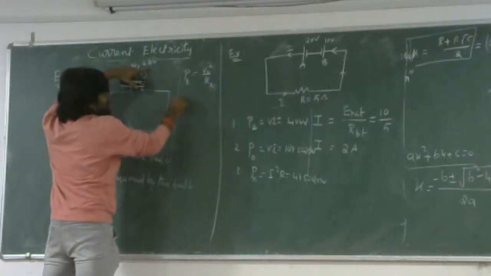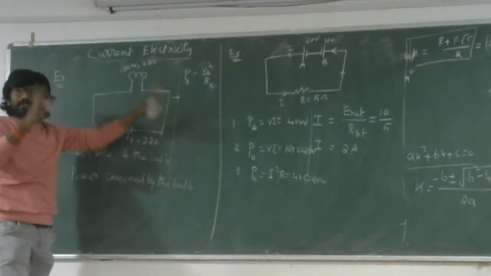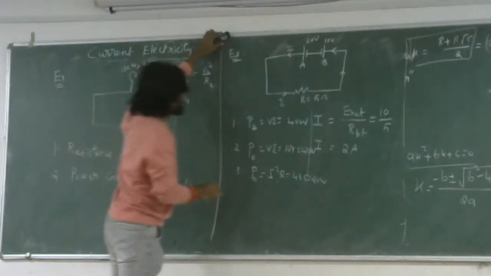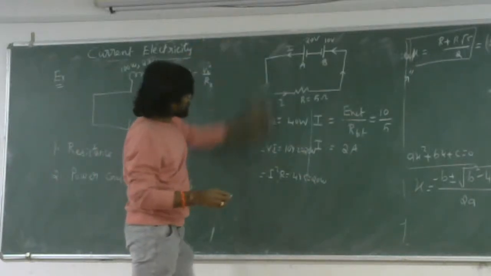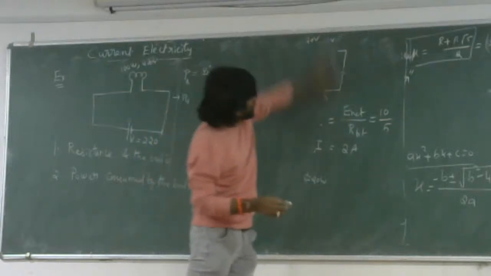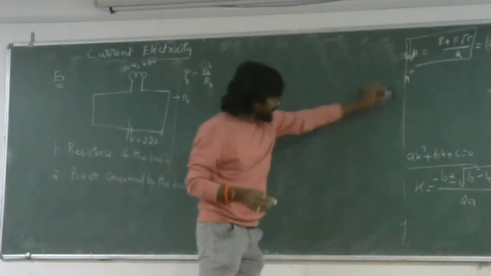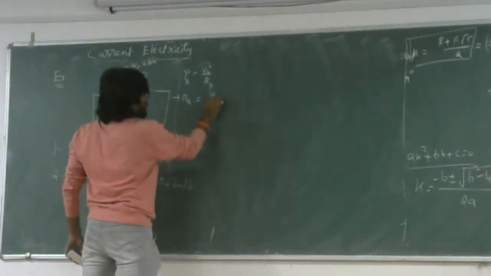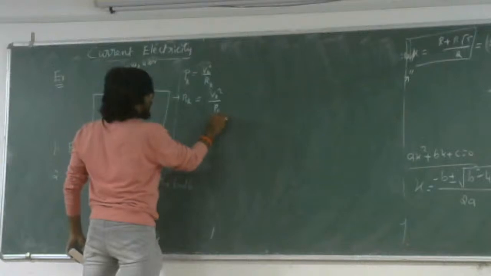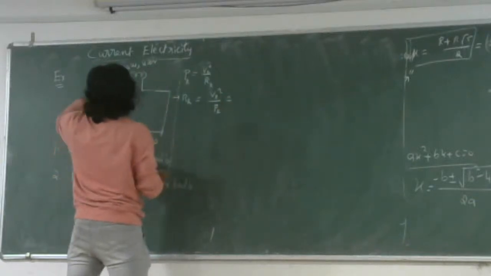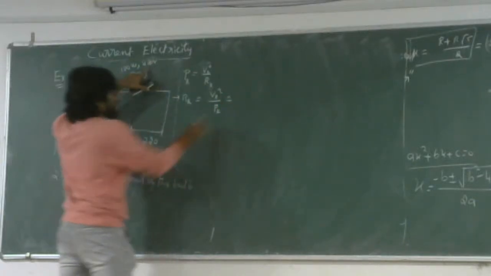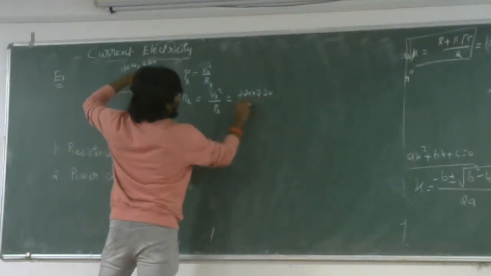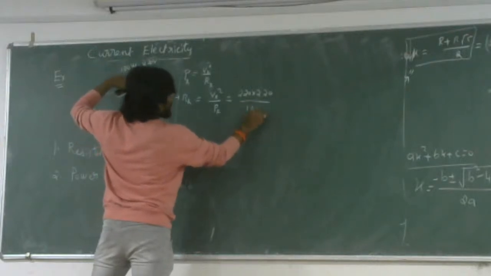Rated power is given, rated voltage is given, and you are asked to find resistance. Simply, resistance of the bulb means rated resistance. So let's find it out. What is the resistance of the bulb? This implies rated resistance is equal to rated voltage square by rated power, which is 220 into 220 by 100 watts.